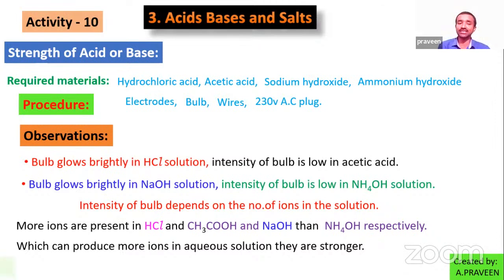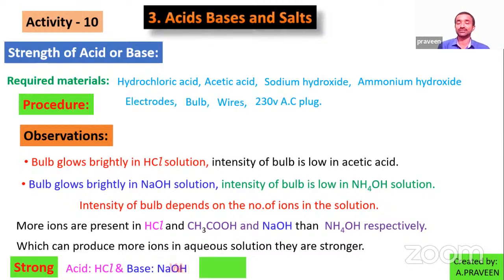So simply that is said to be strong. So which are strong here? The acid is HCl and the base is NaOH, because here the brightness given by them is more. So the cause or reason behind it is simply the number of ions.